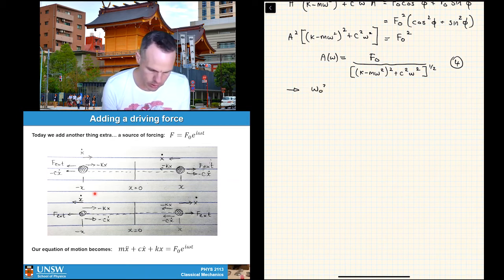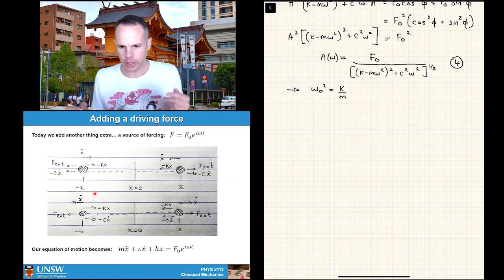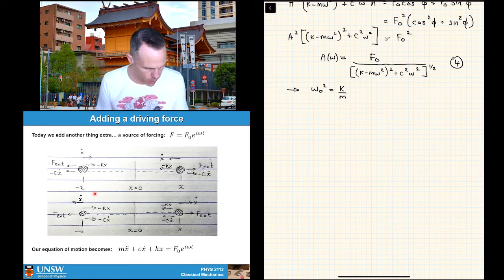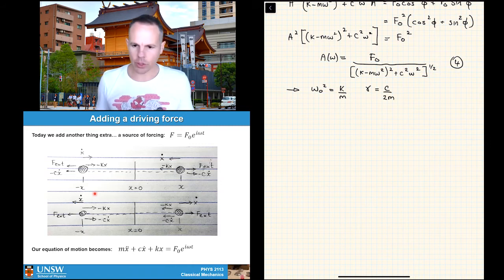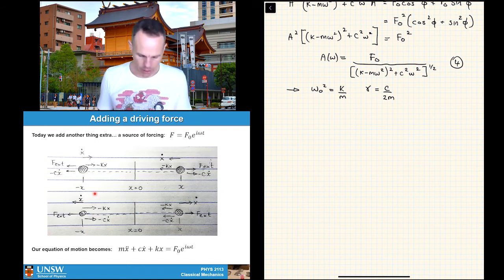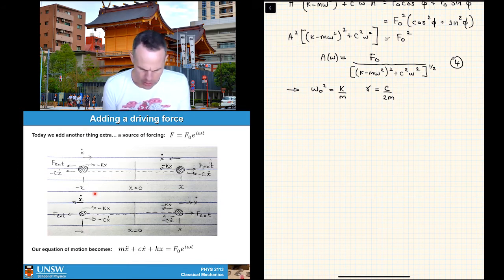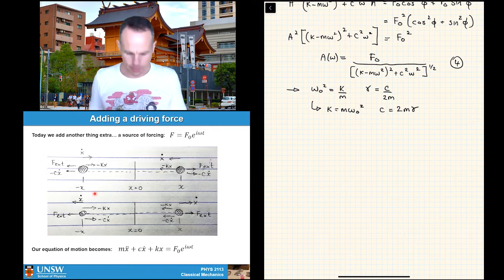We've got omega naught squared is equal to k over m, which has the usual omega naught is equal to square root k over m that you've seen before. And we can define a gamma that we call c on 2m. We defined this parameter yesterday when we were doing damped oscillators. So if you don't remember it, you might want to go back there and have a look. We can take those two things and write them instead as k equals m omega naught squared and c equals 2m gamma, like so.